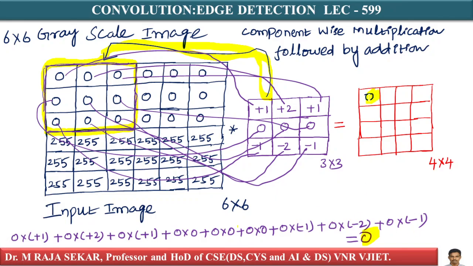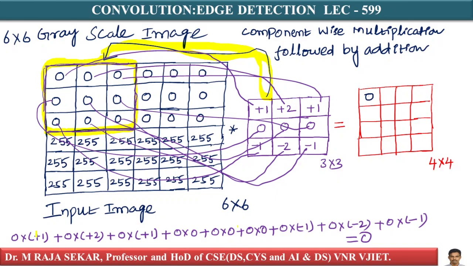That's why I am placing 0 here. Corresponding cells are multiplied, and the sum of them is 0. If I multiply corresponding elements and add all those products, I am getting 0. That 0 I am placing in the first entry of the 4 by 4 matrix.